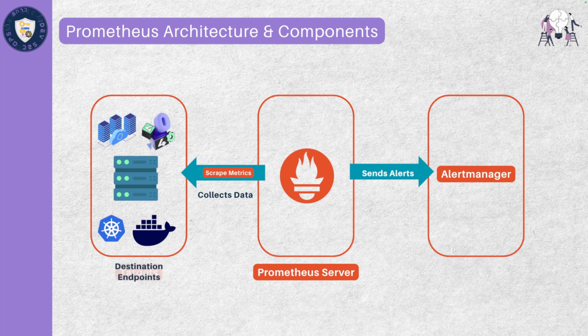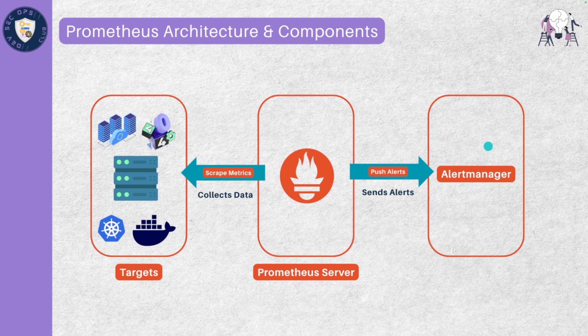Then these destinations or endpoints are called targets in the Prometheus world. So now we can say Prometheus scrapes the metrics at regular intervals from targets, and if something goes wrong, it sends an alert. Sending an alert is called pushing an alert. Prometheus doesn't send the alert directly; it pushes the alerts to Alert Manager, and then Alert Manager takes whatever action we have configured.